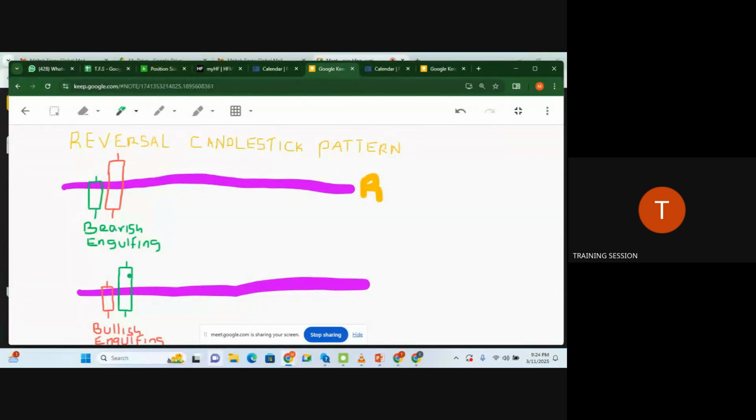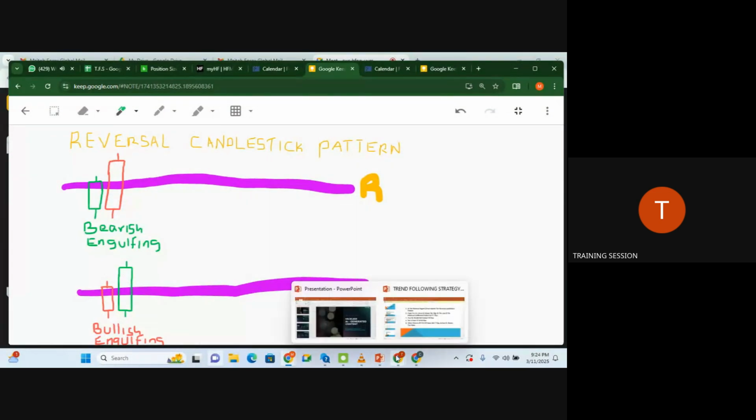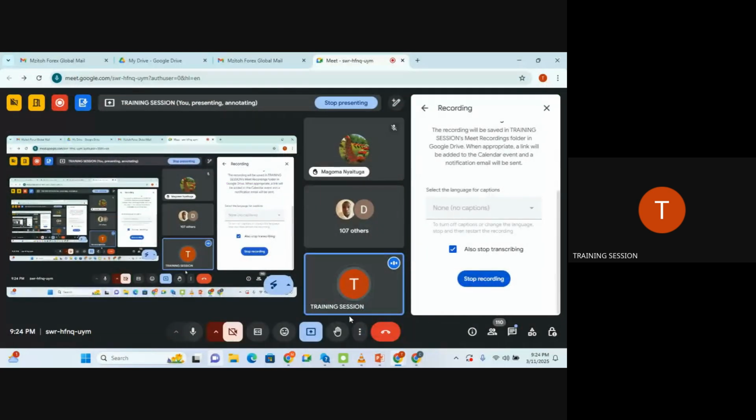There was a time I was training such a class, and I shared about the bullish and bearish. In the group, a person shared a picture of himself and his girlfriend, and he was taller.